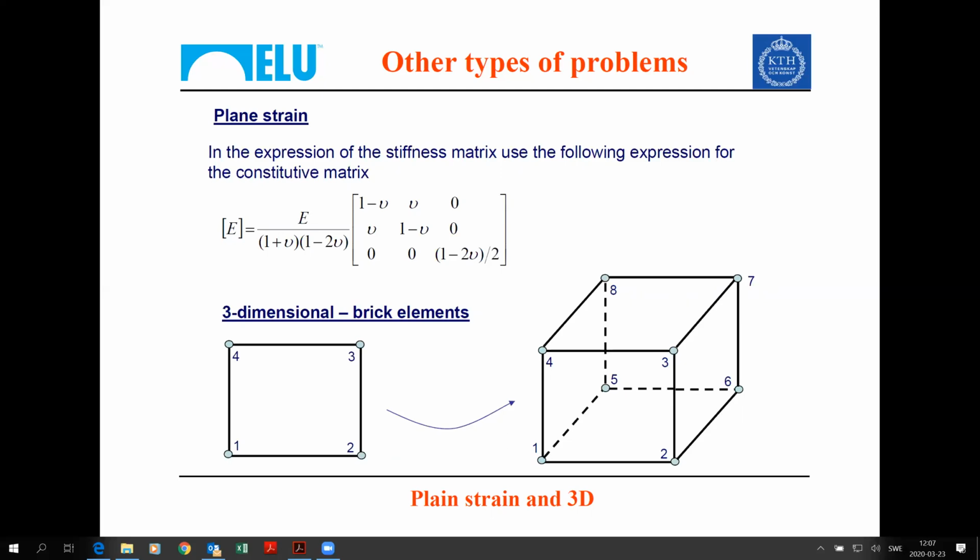It's just adding one extra dimension to what we have discussed for plane stress and plane strain problems. The properties of the elements stay the same. The 8-noded brick element will be bad in bending for the same reason as the 4-noded plane stress, plane strain elements are bad in bending, and so on and so forth.